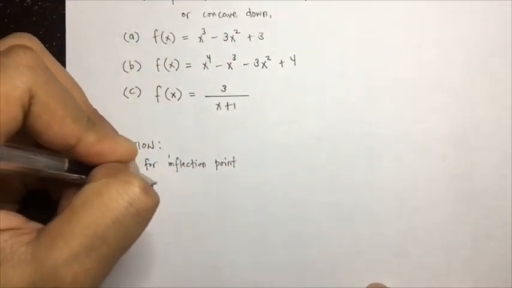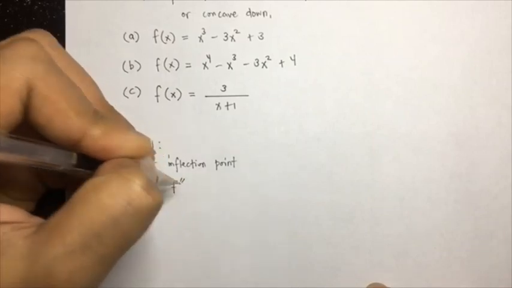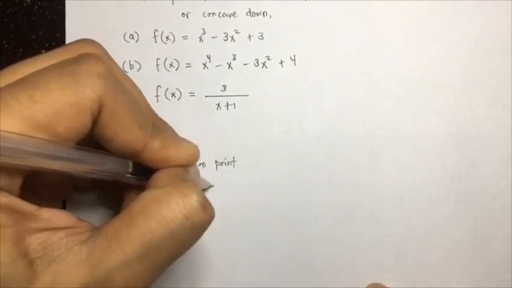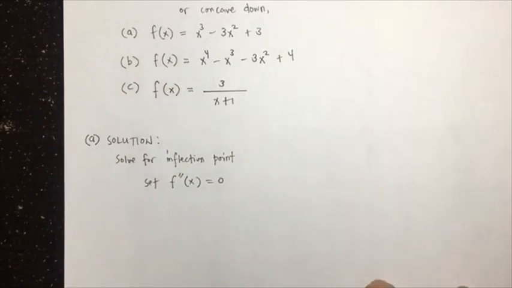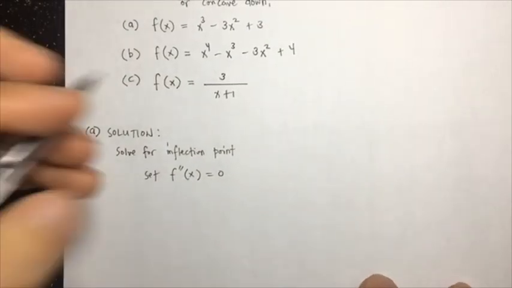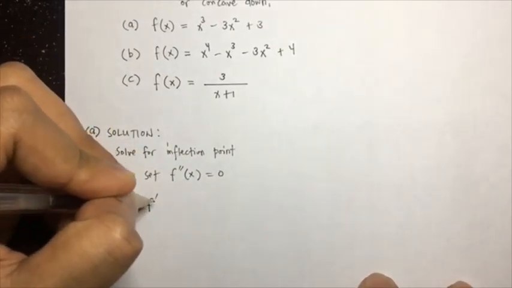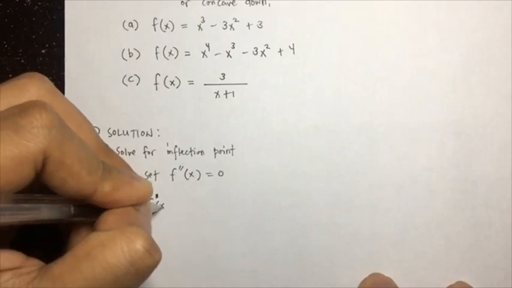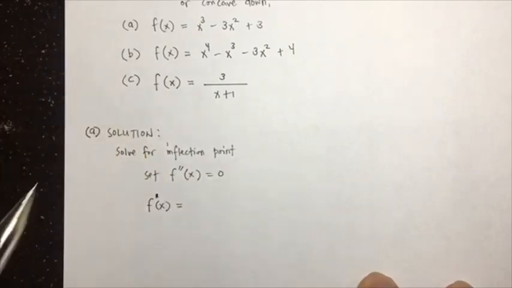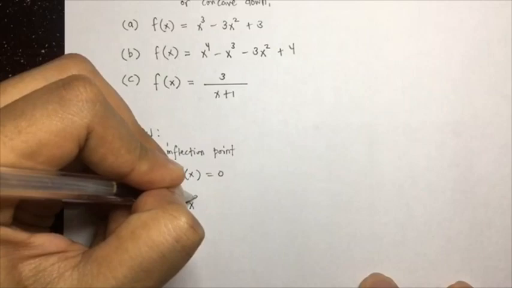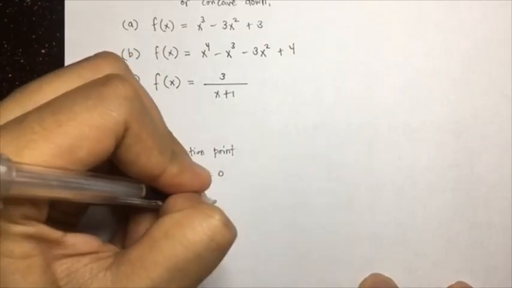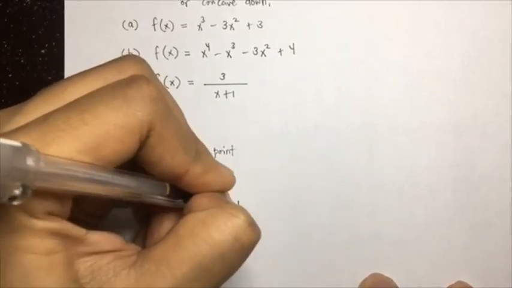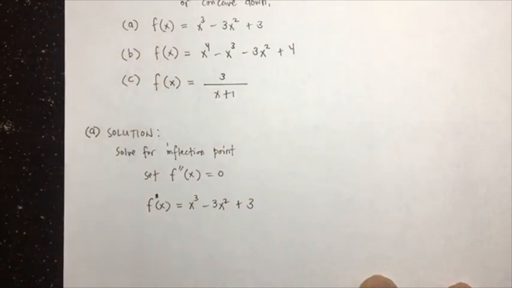So set f double prime of x equal to 0. Since we have the function f of x is equal to x cubed minus 3x squared plus 3.